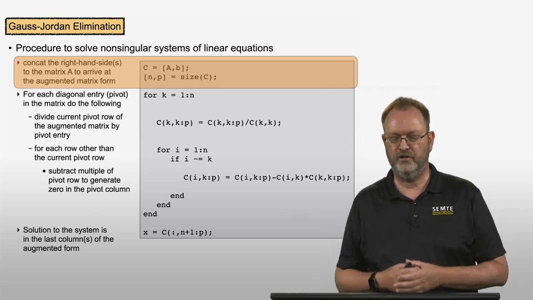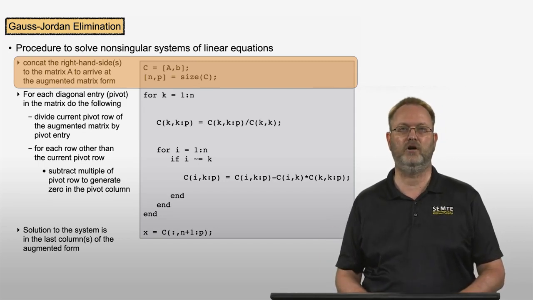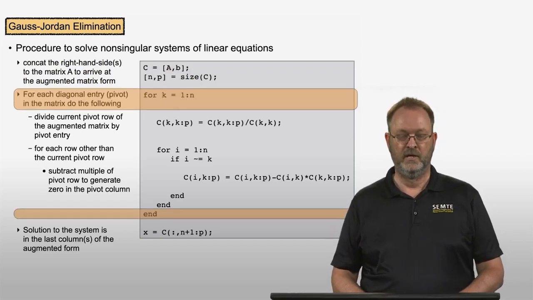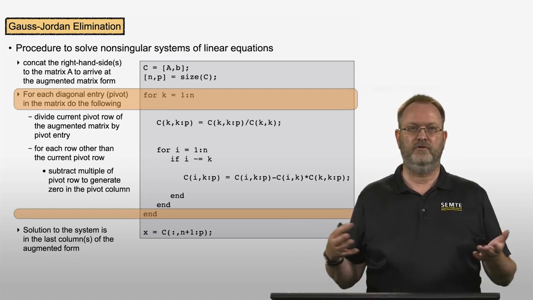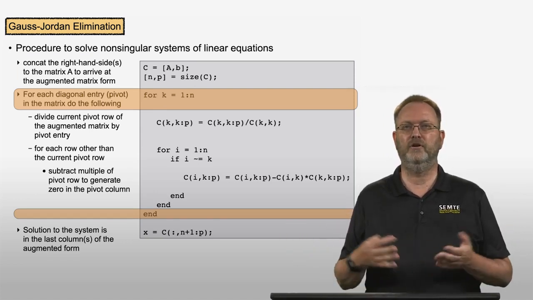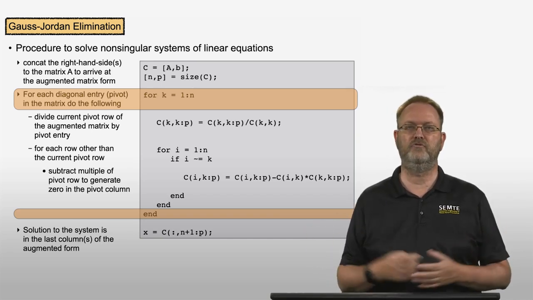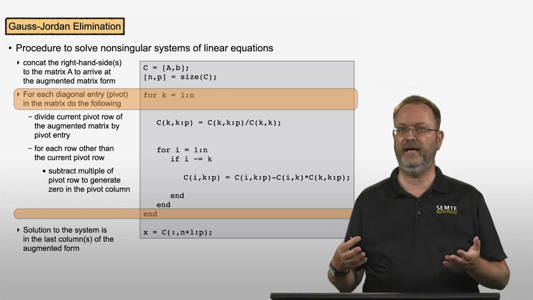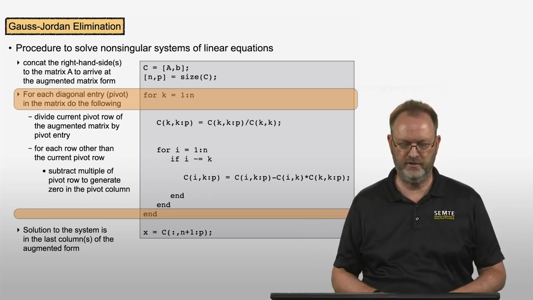And we figure out in the code also the number of rows n and the number of columns p that our augmented form has. Then the algorithm said for each diagonal entry, so for each pivot in the matrix, we're going to do something. So that translates into a for loop structure for the variable k that goes from 1 to n, the last row of the matrix.